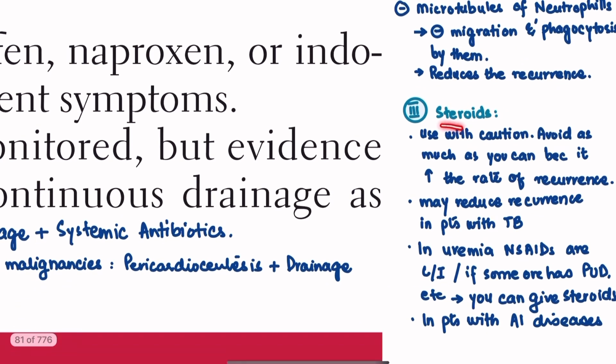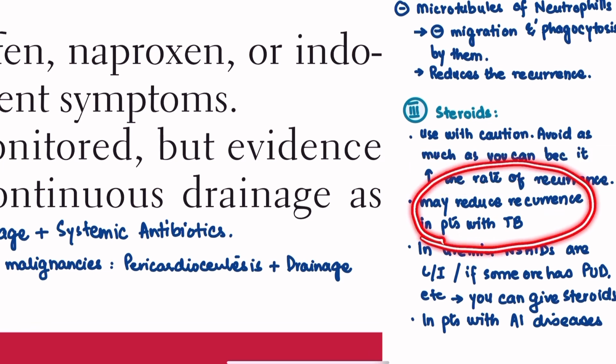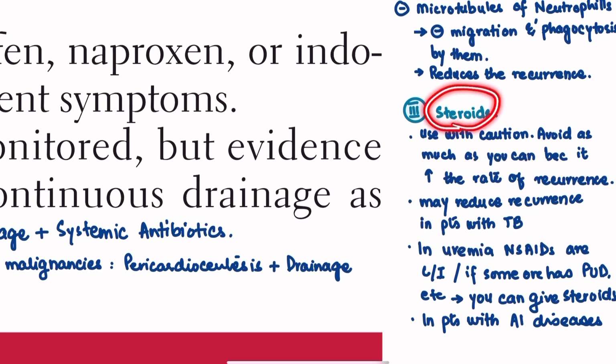We can also give steroids, but steroids we have to use with a lot of caution, and we have to try to avoid them as much as we can because they can cause an increase in the rate of recurrence. But this might prove helpful in patients with TB, and it may reduce recurrence in patients with TB. We're supposed to give steroids in those cases where we cannot give aspirin.